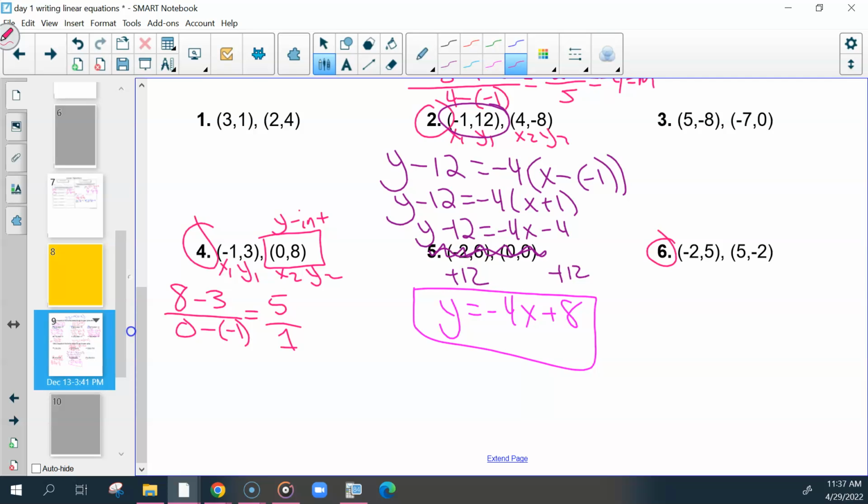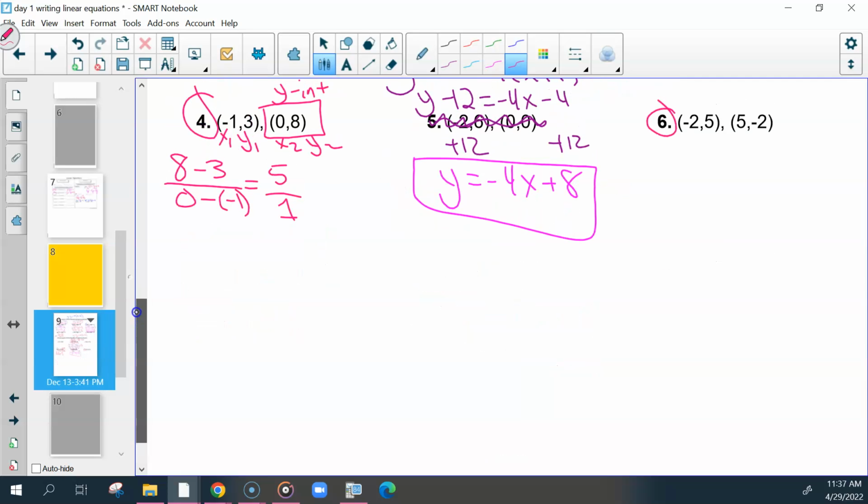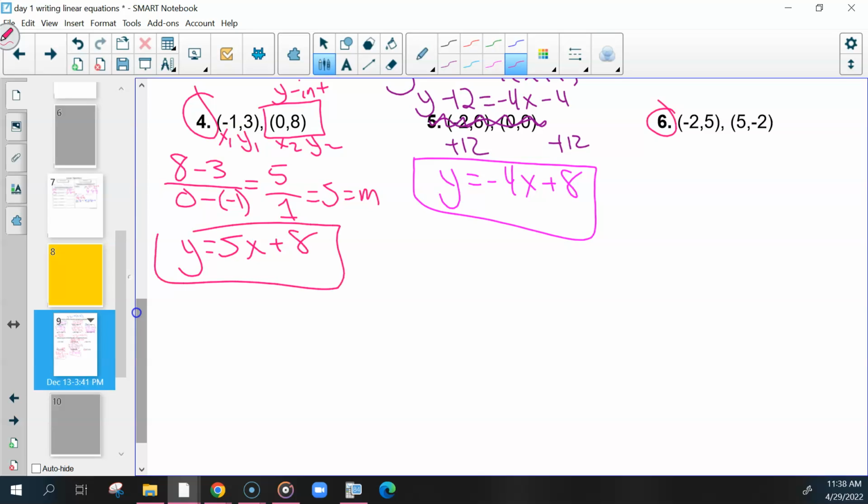If we simplify this, what would that be? Just 5. And now we have our slope, we have our y-intercept, so we can write our equation. Y equals 5x plus 8, without doing that extra work.